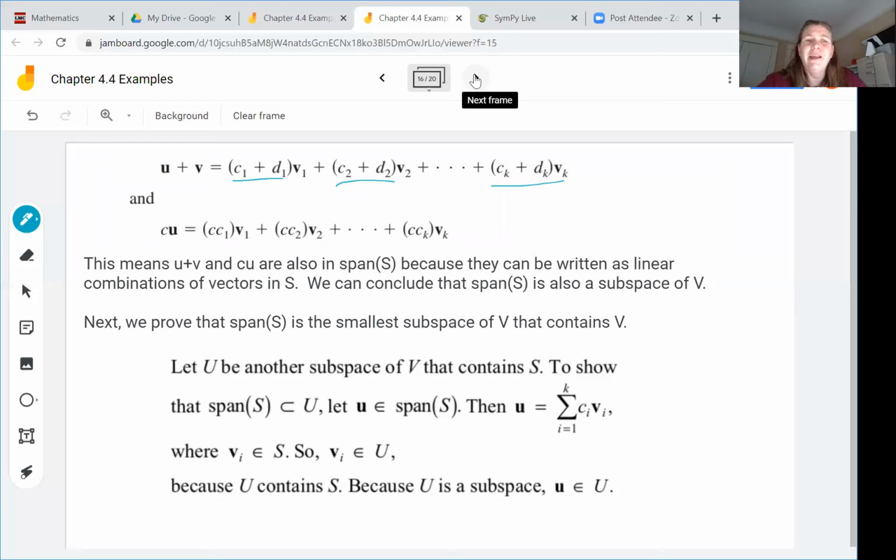And then if we do scalar multiplication, if you multiply a scalar c times vector u, you get c times c1 multiplied by v1, and then that same scalar c times c2 multiplied by v2, all the way through c times ck multiplied by vk. We get a similar result if we multiply this scalar through by vector v. So this means that u plus v and cu are also in span S because they can be written as linear combinations of these vectors v1 through vk that are in S. So we are able to conclude that the span of S is also a subspace of V.